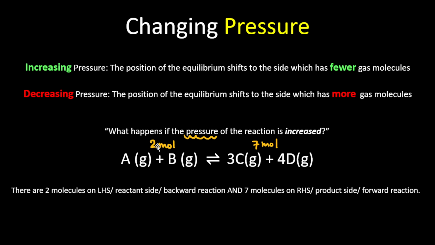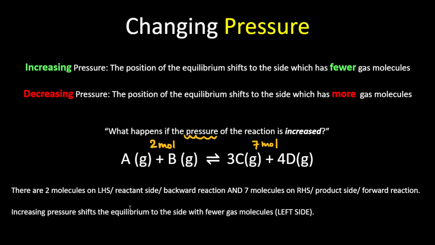So there are 2 molecules on the left hand side, or you can say the reactant side, or the backward reaction side, and we have 7 molecules on the right hand side, or product side, or forward reaction. Now if I increase the pressure, what happens? Equilibrium will shift to the side with fewer gas molecules, meaning it will go to the left side.